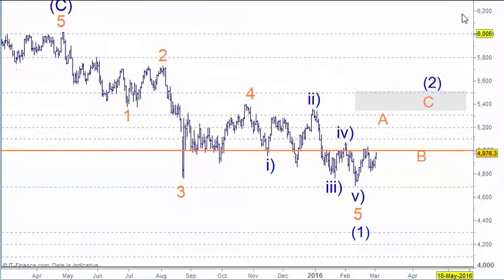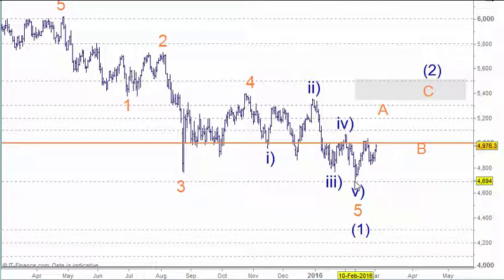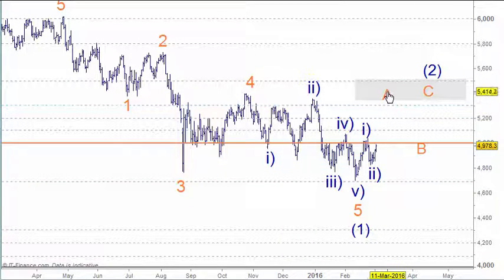Now, what we're looking for here is calling a low in here, and basically we're looking at this as a move up now. So we're putting wave 1 here, or smaller wave A, not that it matters, and wave 2 here. So we're looking for the A wave can be in 3 waves or 5 waves, and I have to say that normally in a wave 2 we would have 5 waves.